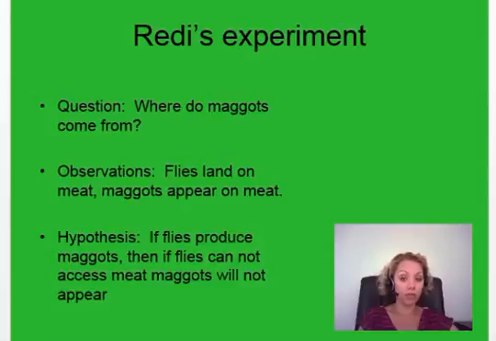So he made observations. He noticed that flies land on meat and then the maggots tend to appear. He inferred that maybe the flies are actually creating the maggots. So he created a hypothesis. If flies produce maggots, then if flies cannot access meat, maggots will not appear.